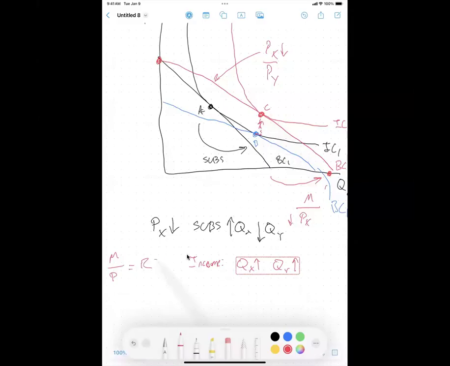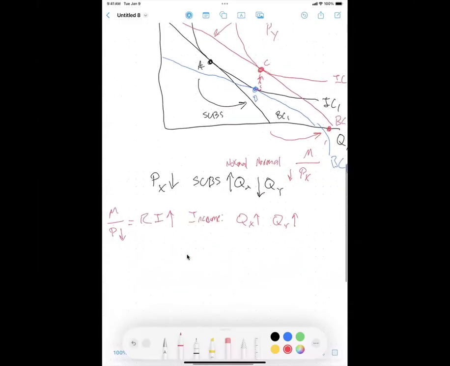So when the price of X goes down, my real income actually goes up. If the income effect for both of these goods is that when I had more real income, I bought more of them, both of these goods must be normal goods.